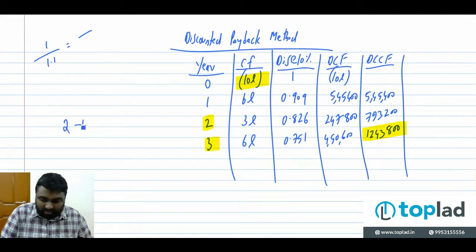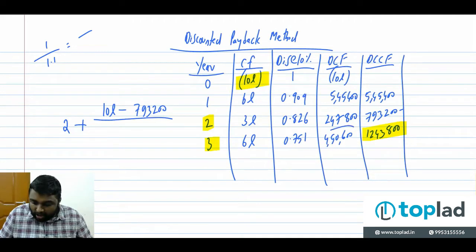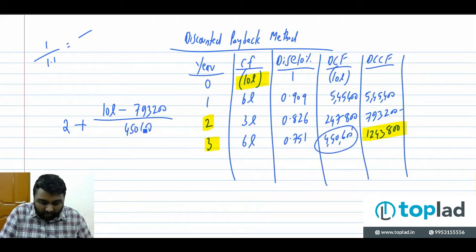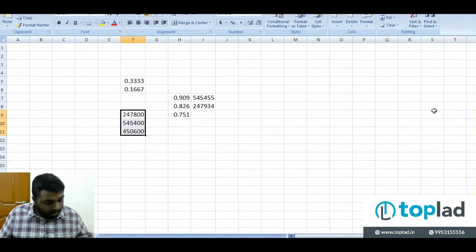So 2 plus. We want to get 10 lakh. Here we reached only 7 lakh 93,200, divided by the discounted cash flow of the third year, 4,50,600. This is how we have to do it.